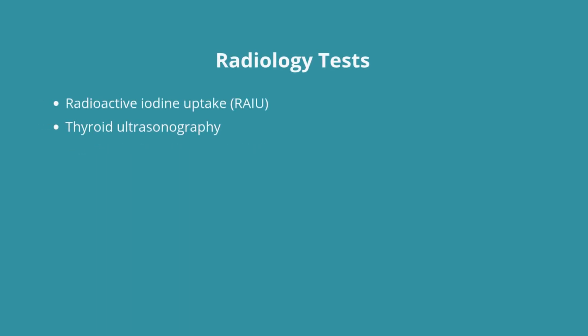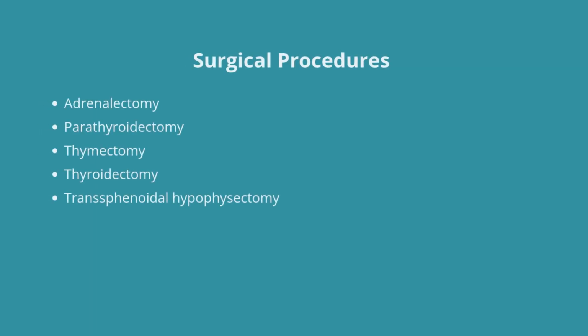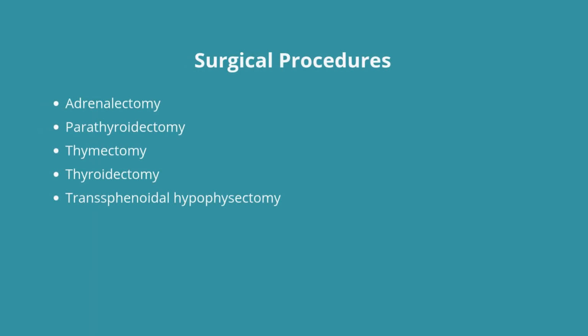Some radiology tests include the radioactive iodine uptake and thyroid ultrasonography. Some medications include antidiabetics, antithyroids, corticosteroids, insulin, and thyroid supplement drugs. Some surgical procedures include adrenalectomy, parathyroidectomy, thymectomy, thyroidectomy, and transsphenoidal hypophysectomy.